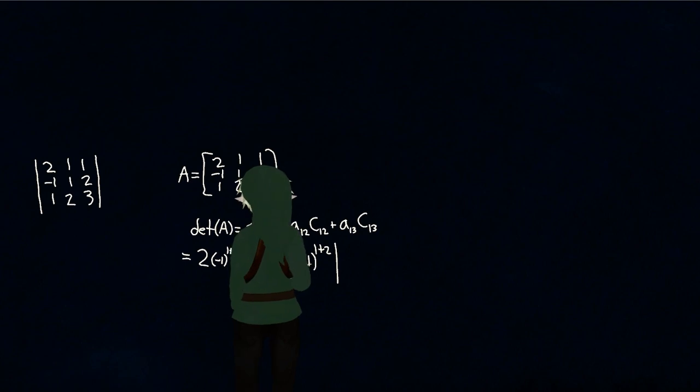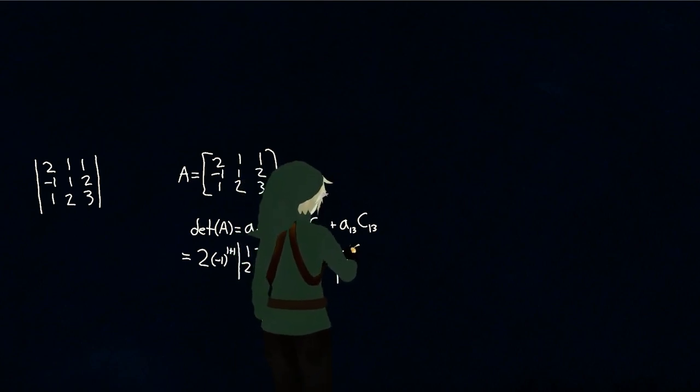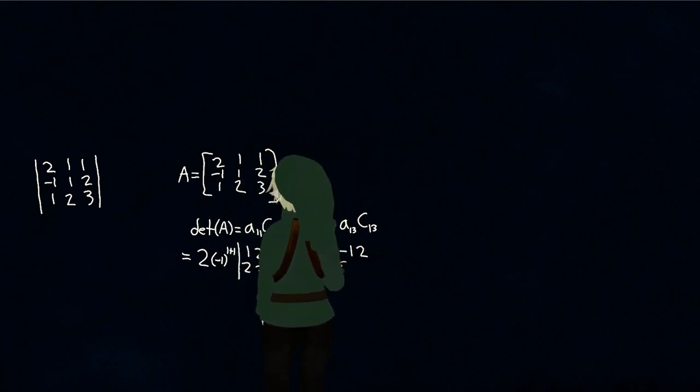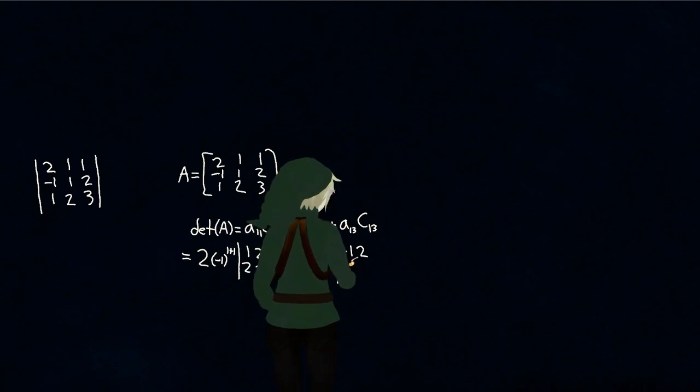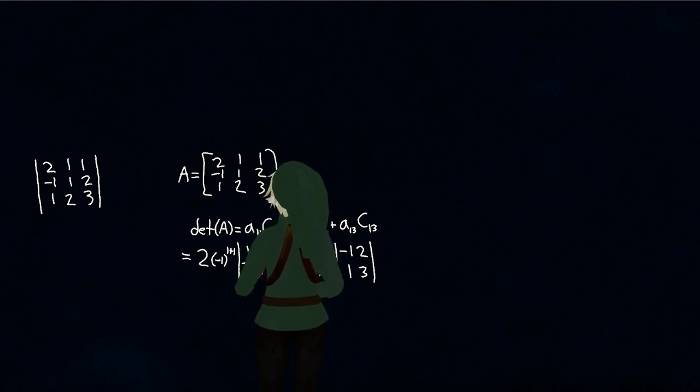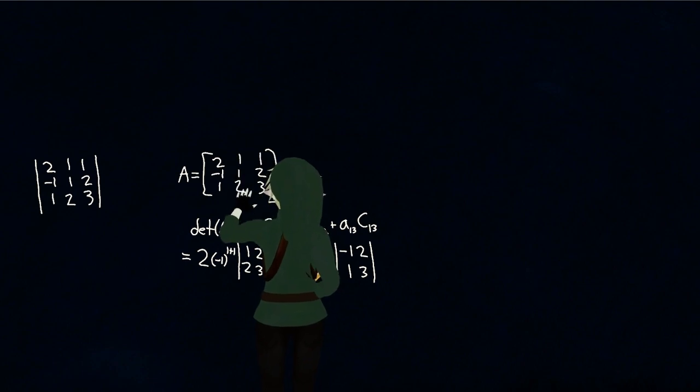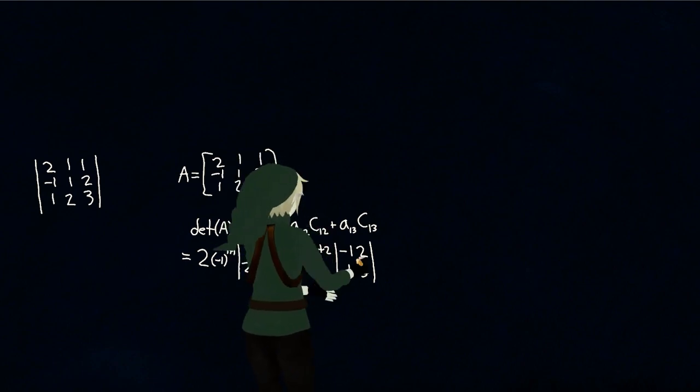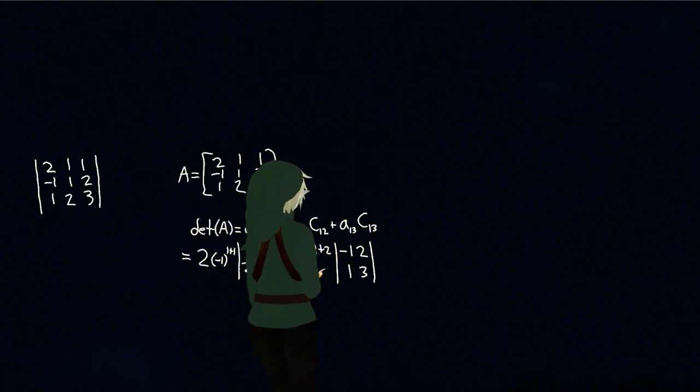So we have -1, 2, and then 1, 3, because submatrix A12 means deleting row 1 and column 2. And we get this submatrix.